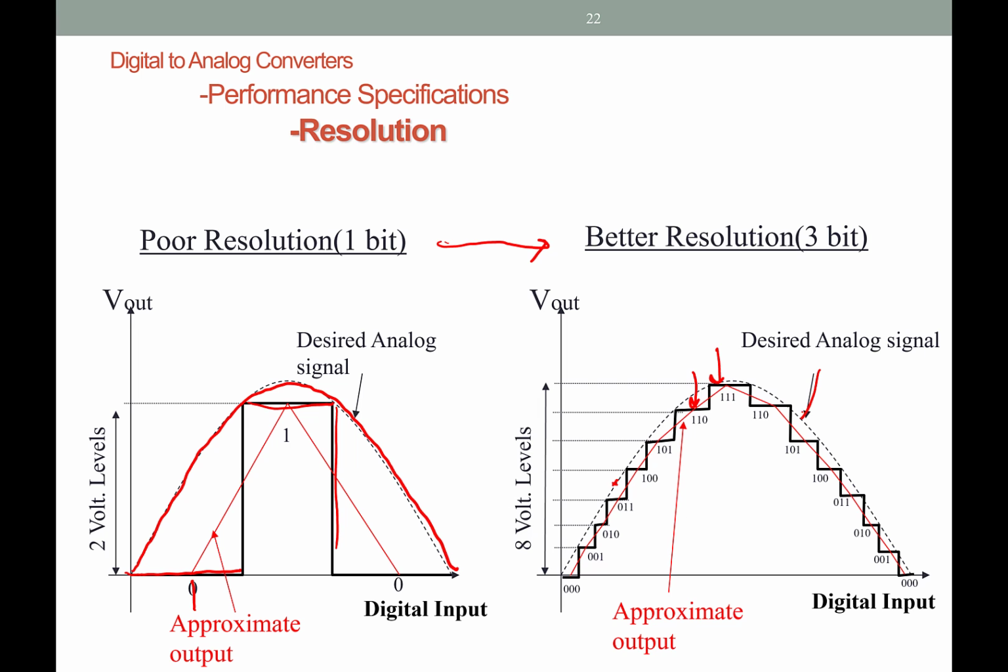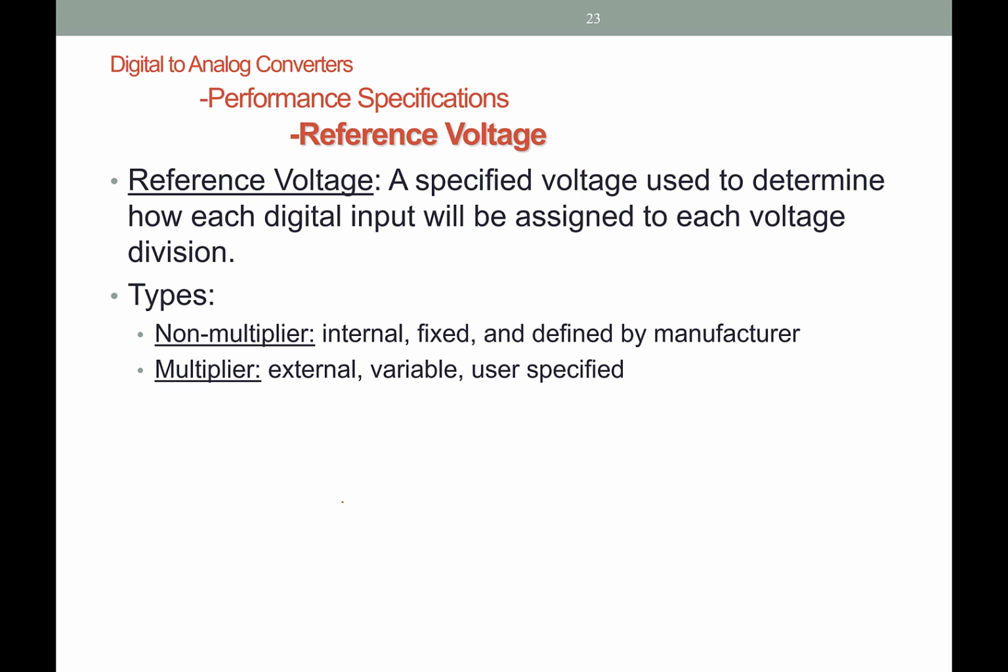This is the desired analog signal that we want, but it's a whole lot closer than this representation right there. And obviously if we had some voltage like that and we had some capacitance there to allow this slow decay, we can get a possibly even more accurate output signal in the end.